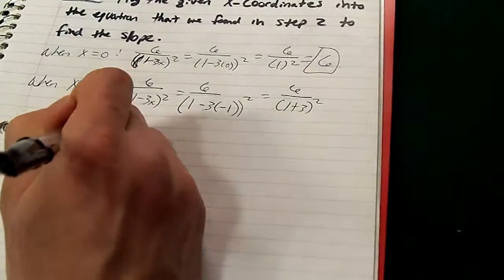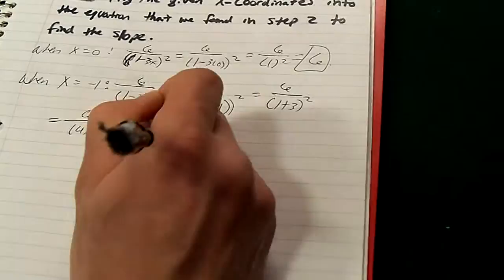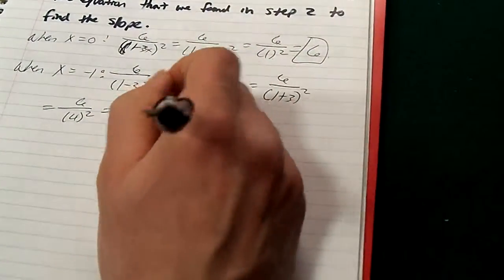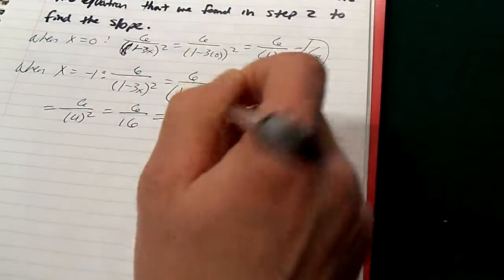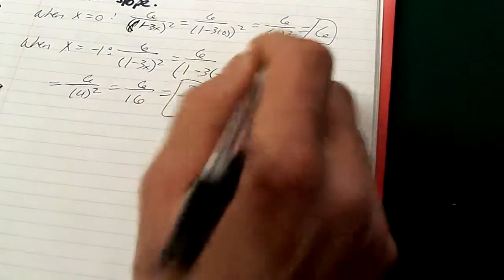This will be 6 over 4 squared, since 1 plus 3 is 4, so 6 over 16. To reduce, 2 goes into these evenly, so 6 divided by 2 is 3, 16 divided by 2 is 8, and this gives us 3/8, and this will be our slope for our second equation.